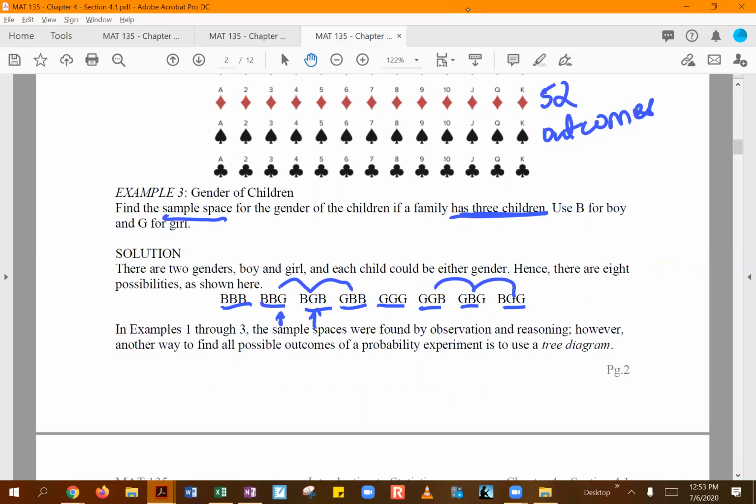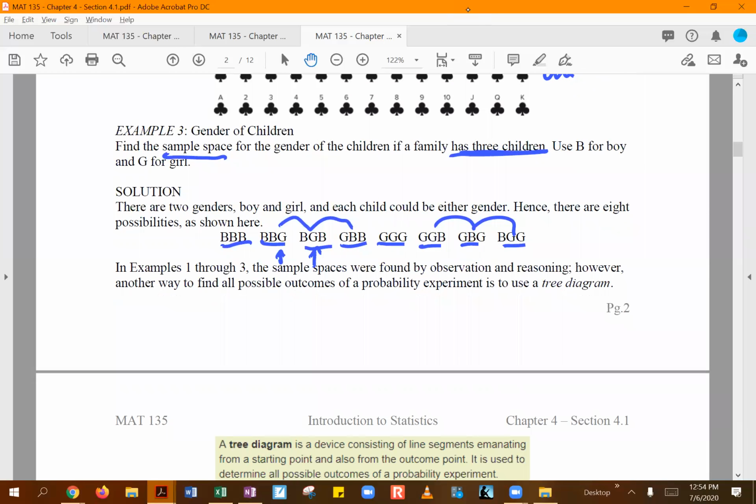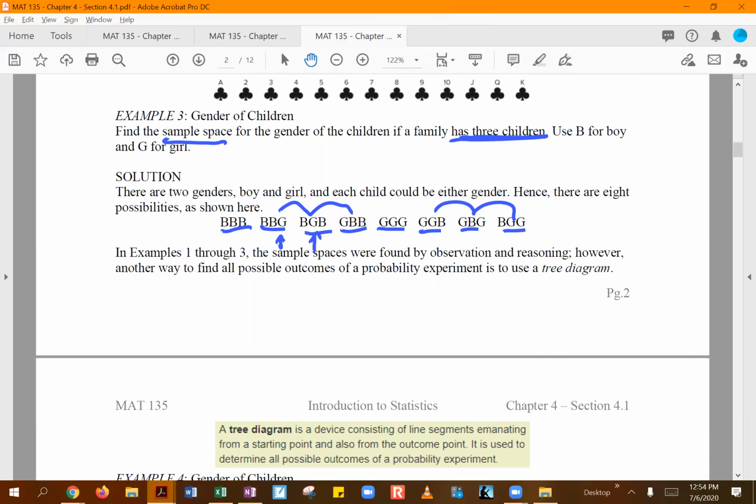Now, just coming up with a list of what those 3 children can be can actually take a little bit of work if you're just looking at this from, okay, what combinations do we need to go through? But there are easier ways of coming up with these lists of options, especially in an example like number 3. In this case, we will have 8 different possibilities.